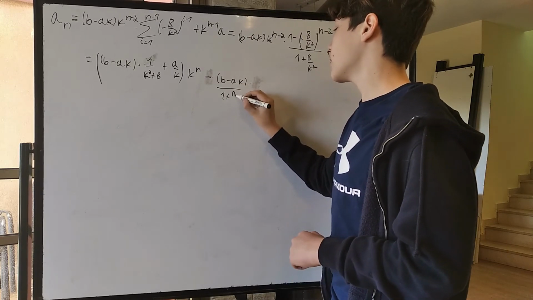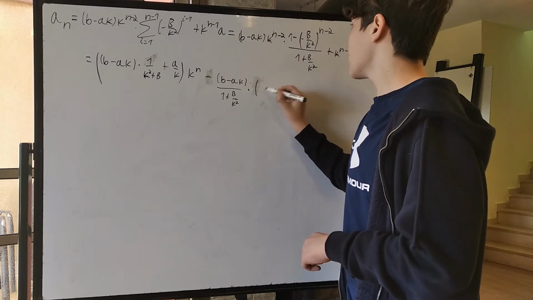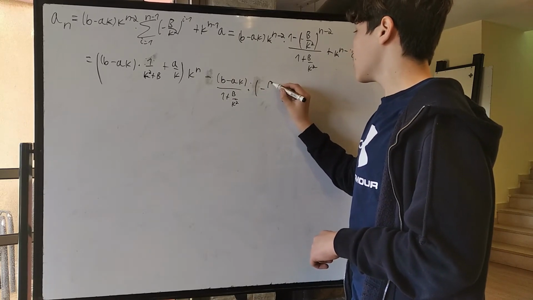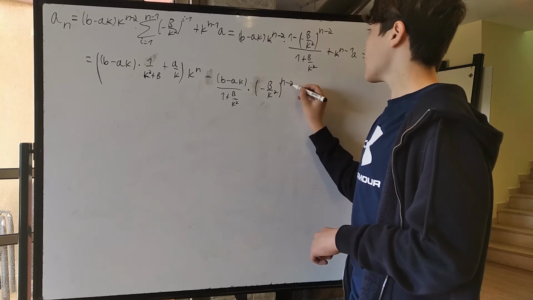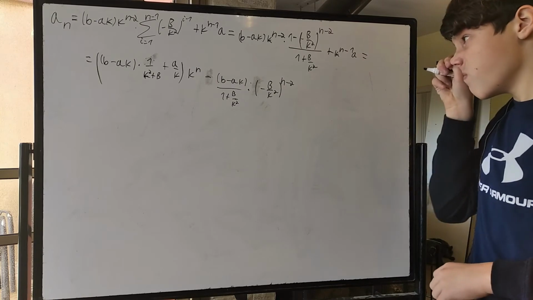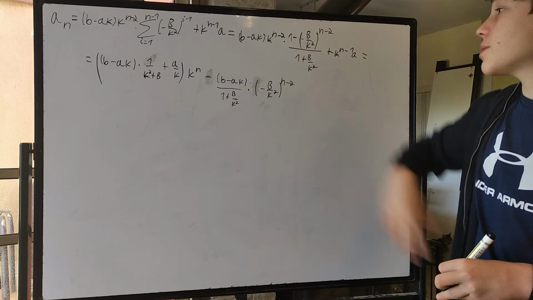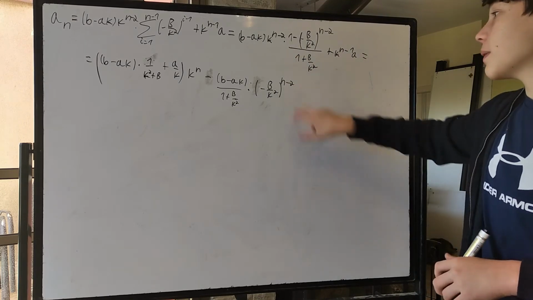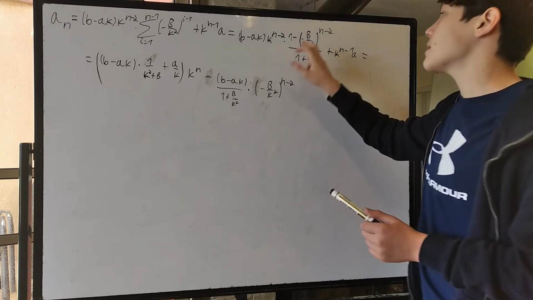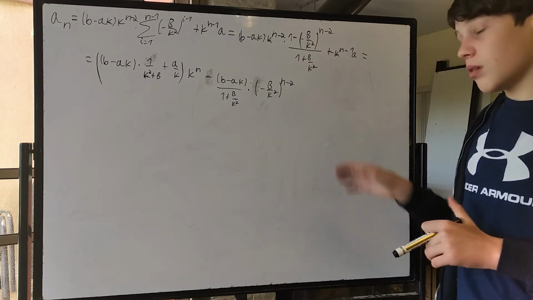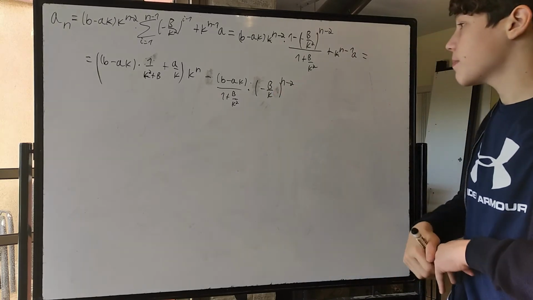So we're divided by 1 over 1 plus b over k squared times negative b over k squared to the n minus 2. But then we're multiplying by k to the n minus 2, remember. And because this is also to the power of n minus 2, we can just say k times negative b over k squared all to the power of n minus 2, meaning that this square just disappears.